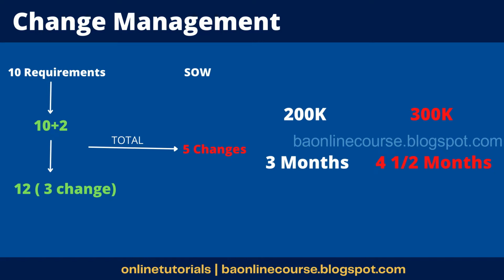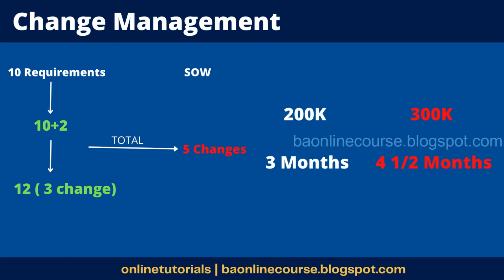Another point I missed to mention is it's not just about the cost, right? We agreed for a 3-month timeline. It's a very short duration, right? Now within these 3 months, you are adding 2 features and changing 3 more, so 5 of them are impacted, which means ideally, if you had estimated, it might have taken 4.5 months to complete.